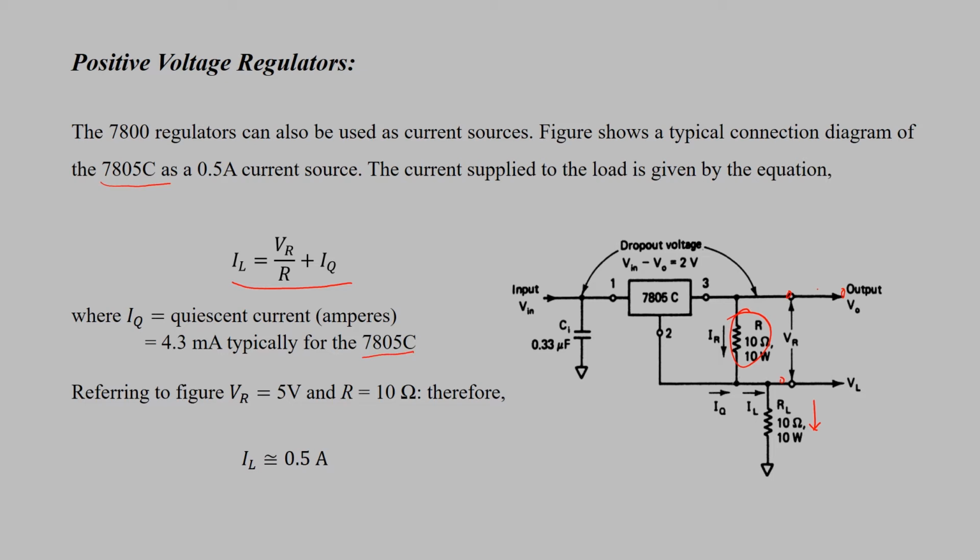Referring to this figure, we know that VR is 5 volt, R is 10 ohm, therefore IL is nearly equal to 0.5 ampere. So that can be used as a 0.5 ampere current source.